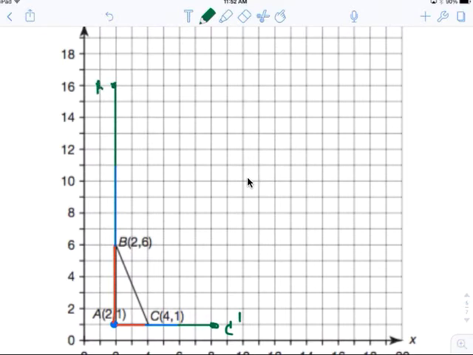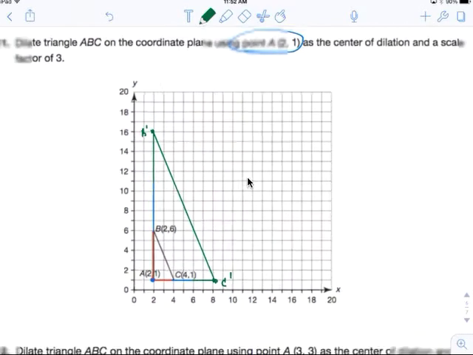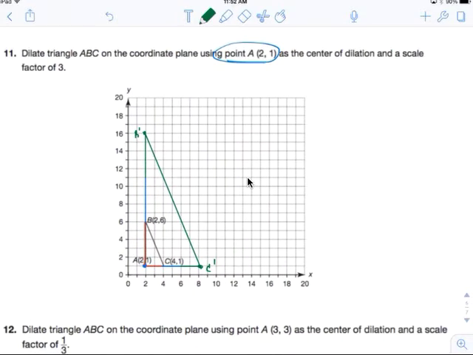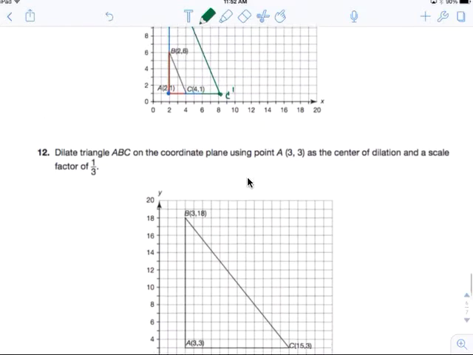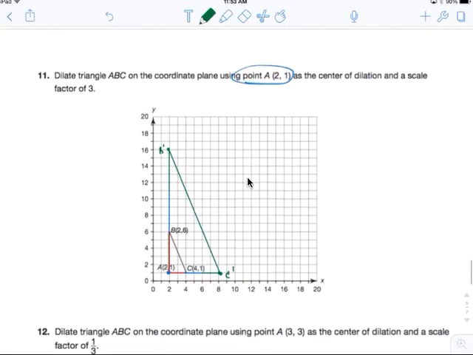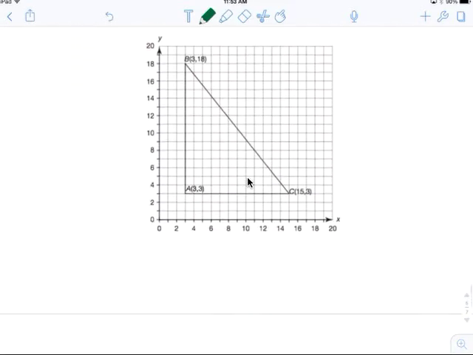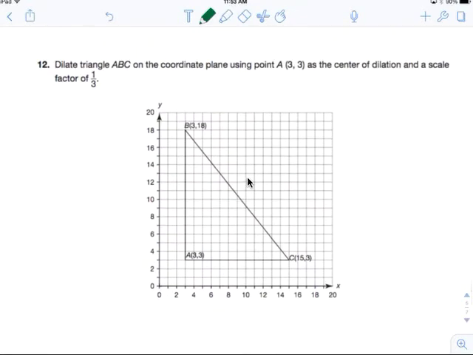This is B prime. Connect the dots. There we go. And then that's it. They didn't ask you to label anything.